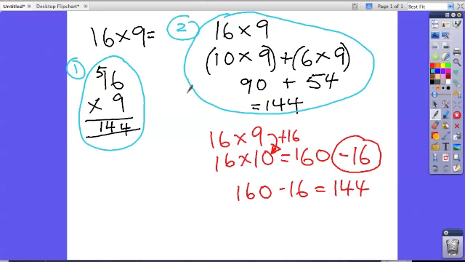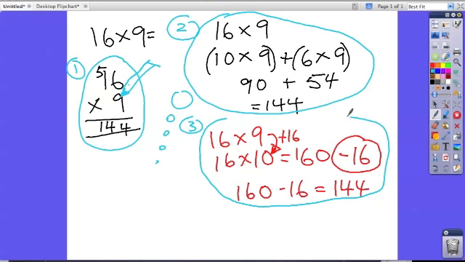This kind of thing can be done in your head, and I'm just going to put down there a thought bubble, okay? And this one here, method 3, that's also something you're able to do in your head.